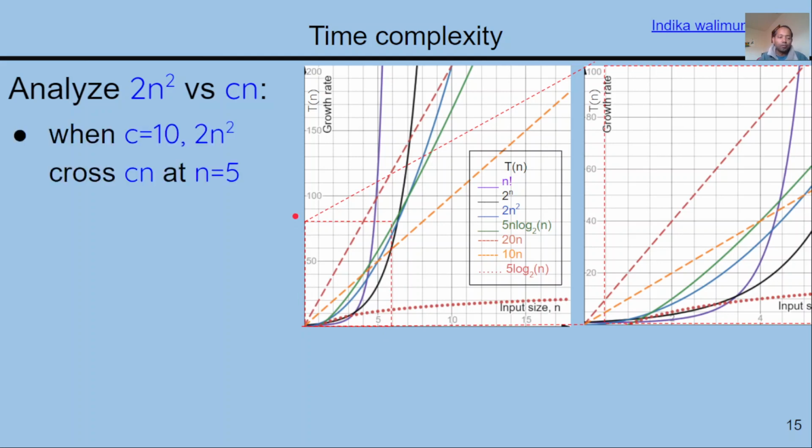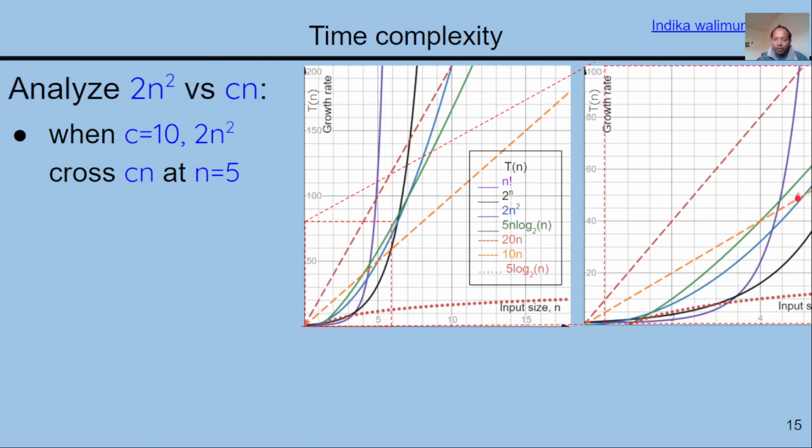All right, so when c equals 10, so 2n to the power 2 crosses cn at n equals 5, and you can see it right here, at 50.